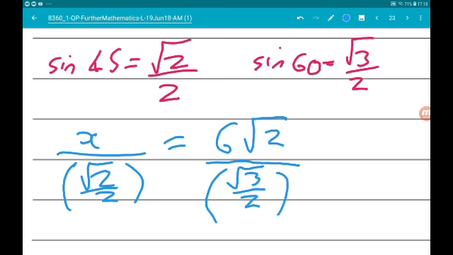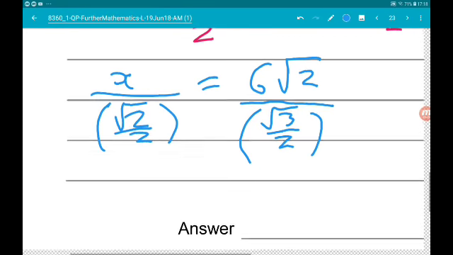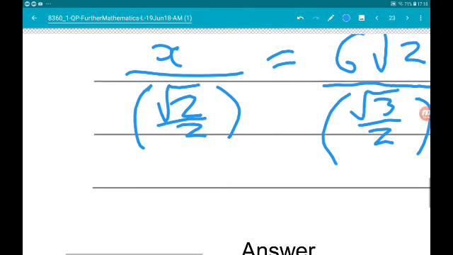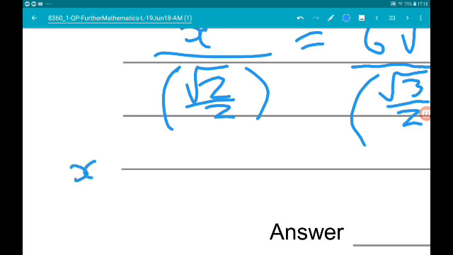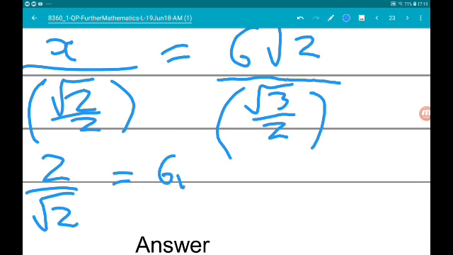Okay, so essentially on both sides we are dividing by a fraction. Now if you divide by a fraction, you flip it and times by it. So we got x times 2 over root 2 is equal to 6 root 2 times 2 over root 3.